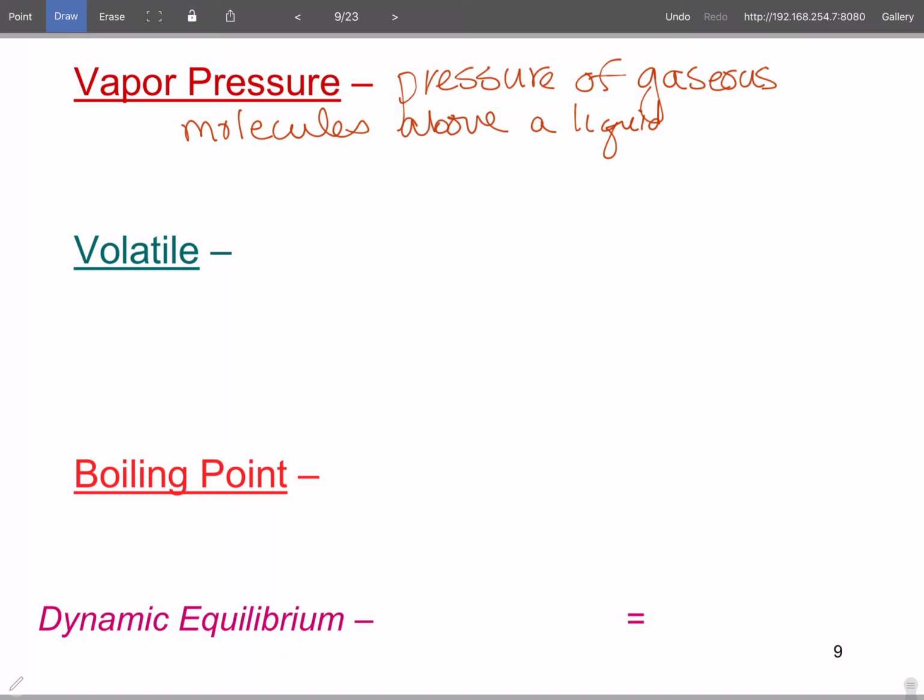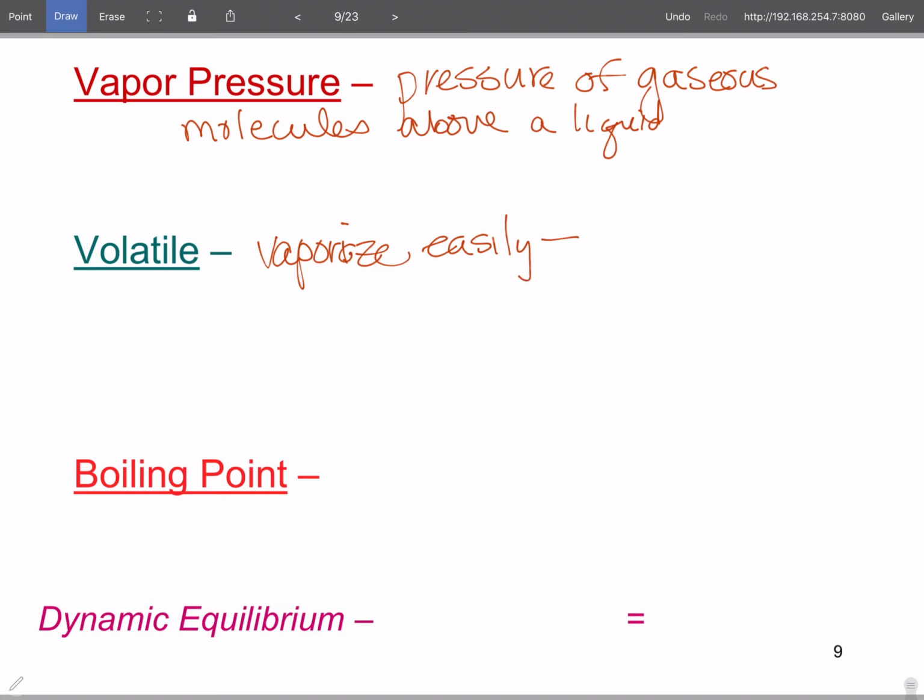Now, volatile is often used interchangeably with flammable, and it's not the same at all. There are a couple ways to define volatile. Volatile means it's going to vaporize easily.